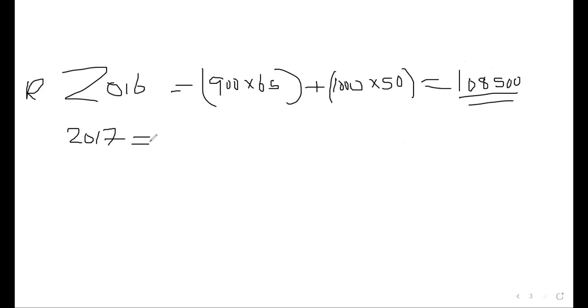It will give us 1,000 by 65, then plus the other one, 900 by 50. So we can find this, and then we see what is going to happen.